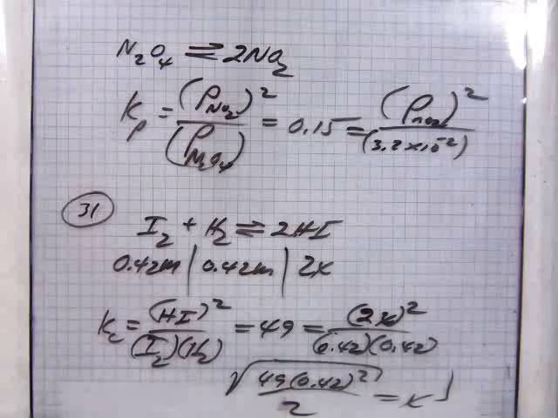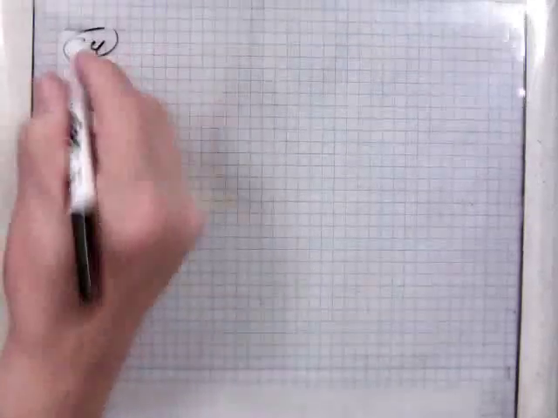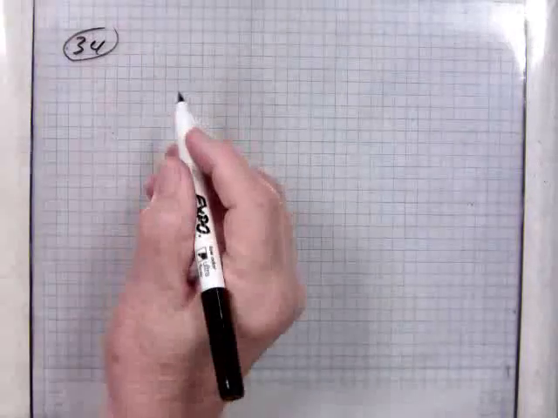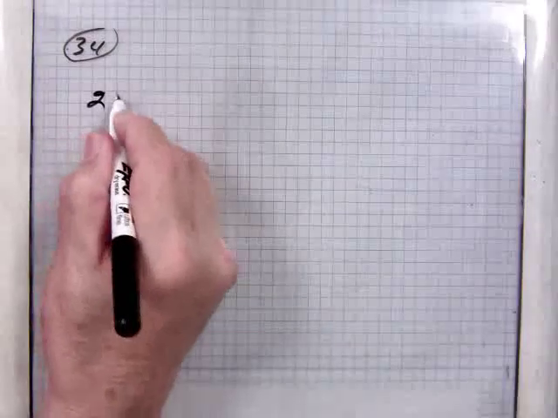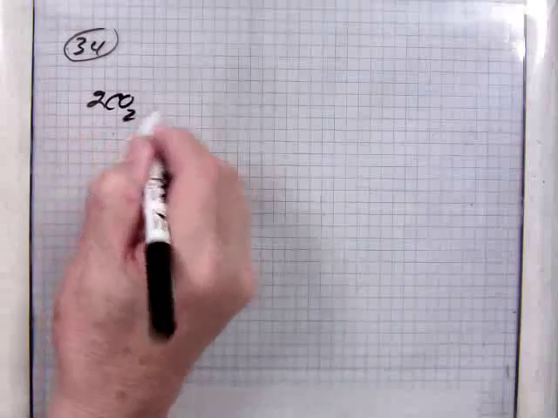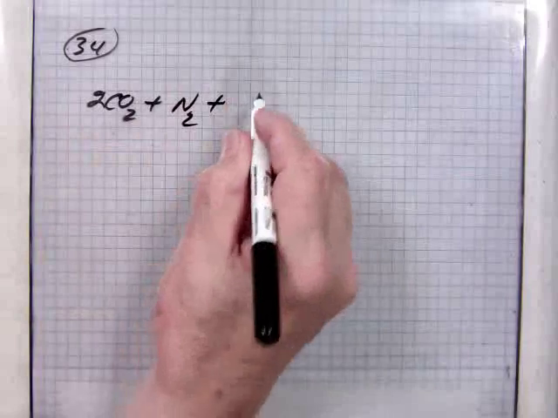Number 34 is a thermodynamics type problem. You're looking at an endothermic reaction given. So what you have to do is place a hypothetical into the reaction and then read the changes.